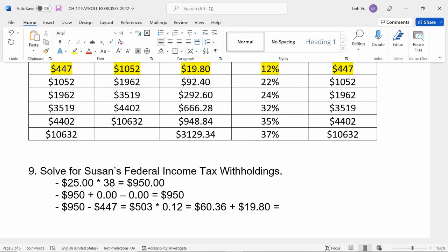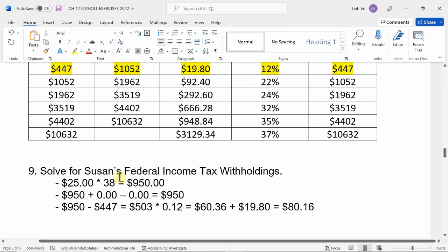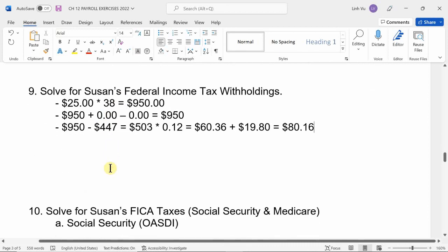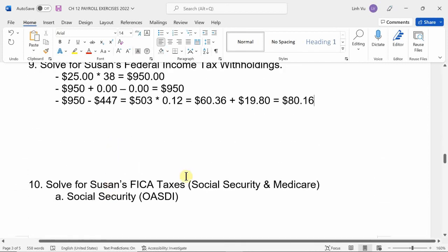So in this case, what is her grand total amount to be withheld? $80.16. Okay, good.